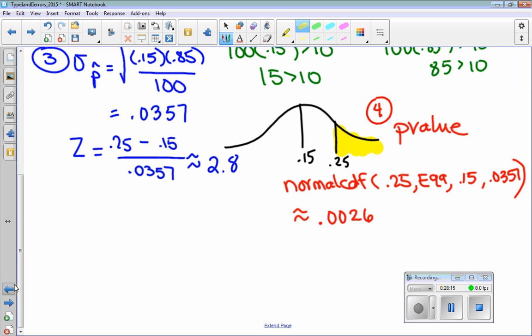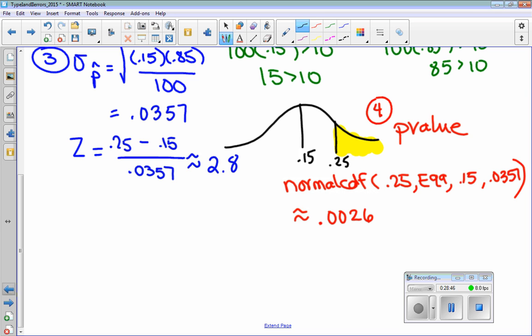The mean is 0.15, and then the standard deviation is 0.0357. Yeah, I got 0.0022. I mean, mine's probably off because why? The standard deviation was rounded. Okay, but it's awful close, wouldn't you say? Good enough. All right. What's my last step?